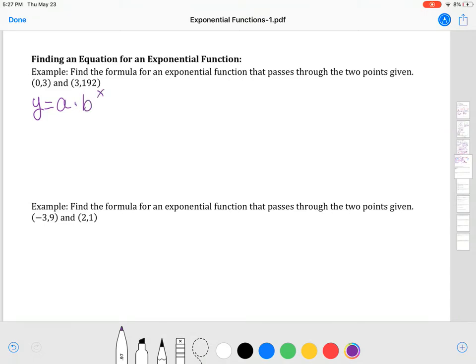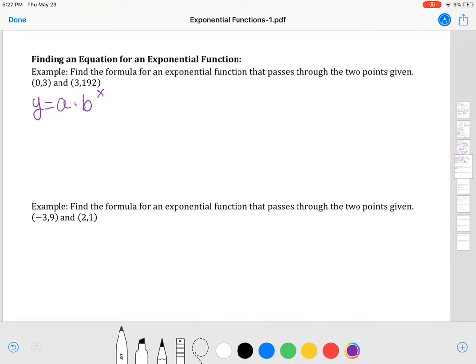y is equal to a times b to the x. Now, in order to put this in exponential form, I need to find my a and my b. So in this problem, they actually indirectly give me my value of a.